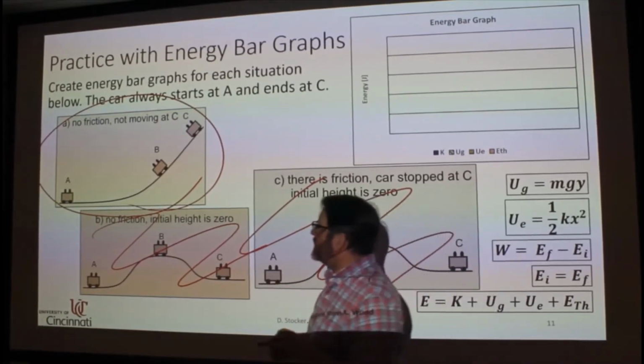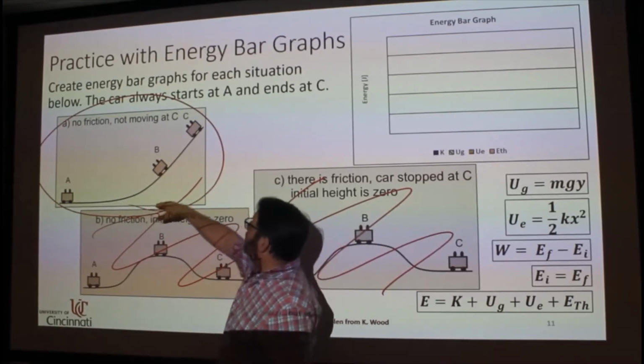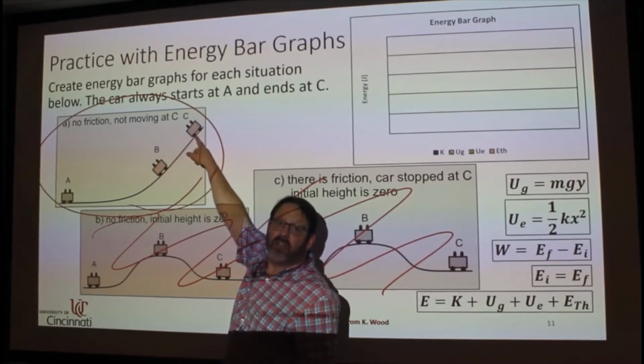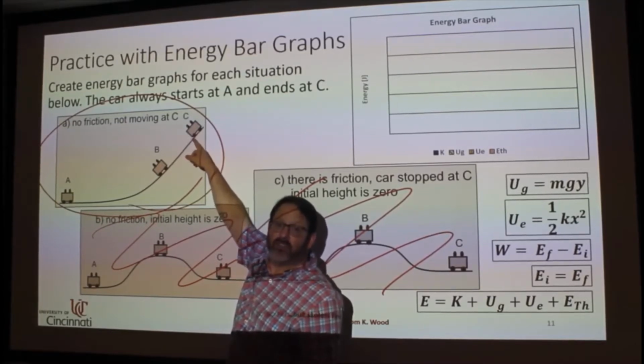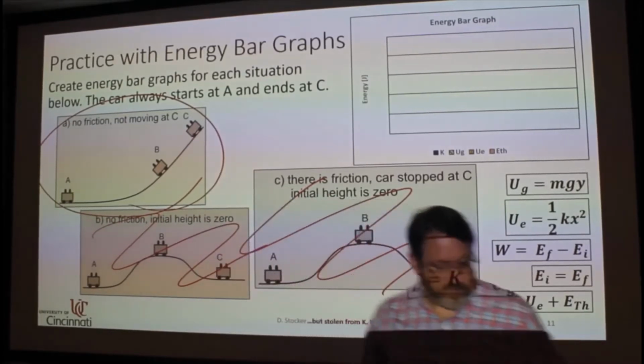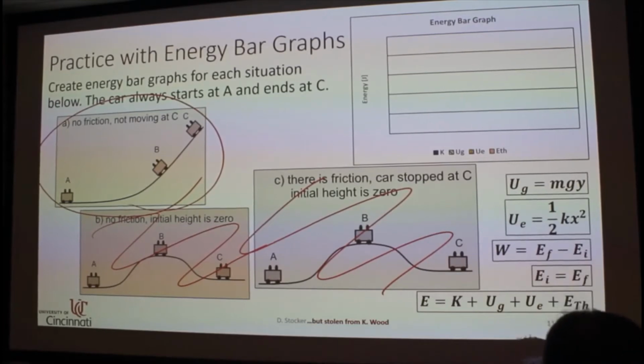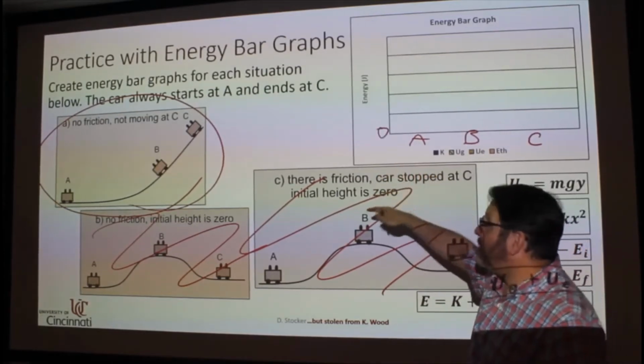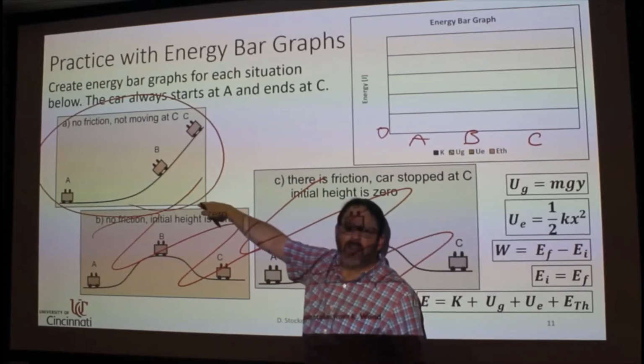So gravitational potential energy, let's see, up here, we know it's not moving, there's no kinetic, so that means all of the energy is gravitational. So position A, position B, position C, if I make energy 0 at the bottom, I'm going to define the bottom here as being the height 0.